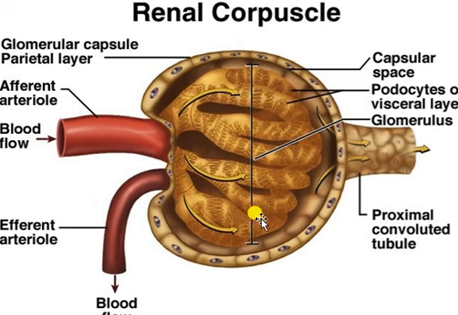If you observe the diameters, the afferent arteriole is bigger and the efferent arteriole is smaller, so automatically the pressure is increased. Because of this, the filtration rate is higher. Whatever is filtered enters into the lumen of the proximal convoluted tubule.